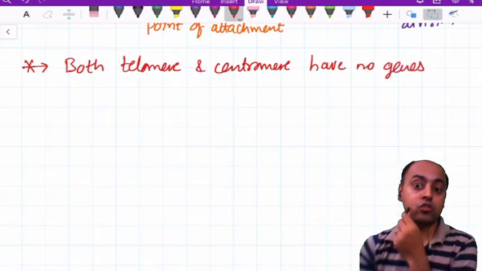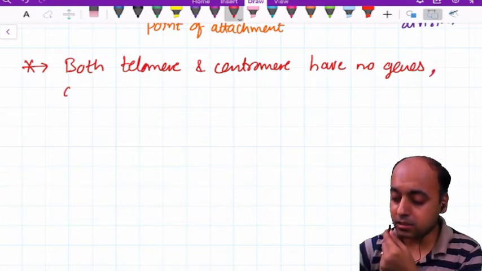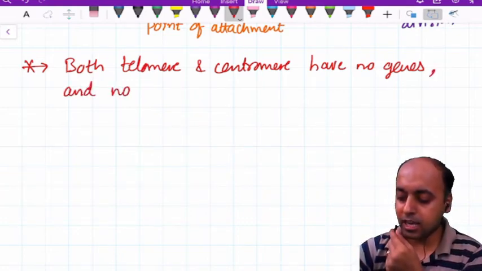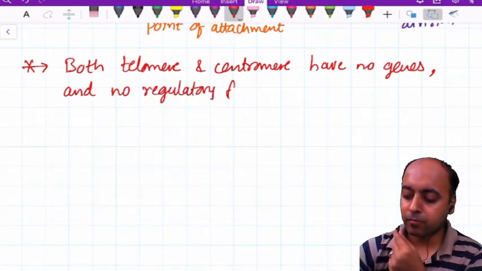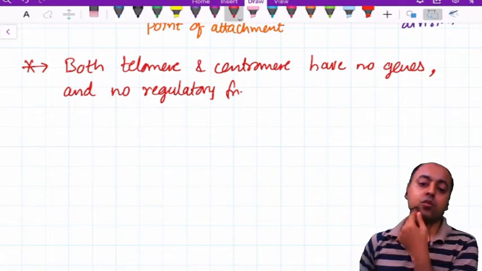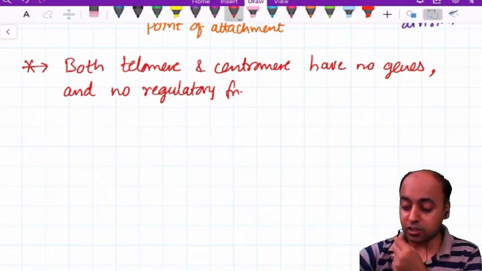We already said they are constitutive heterochromatin, and in addition they have no regulatory function.